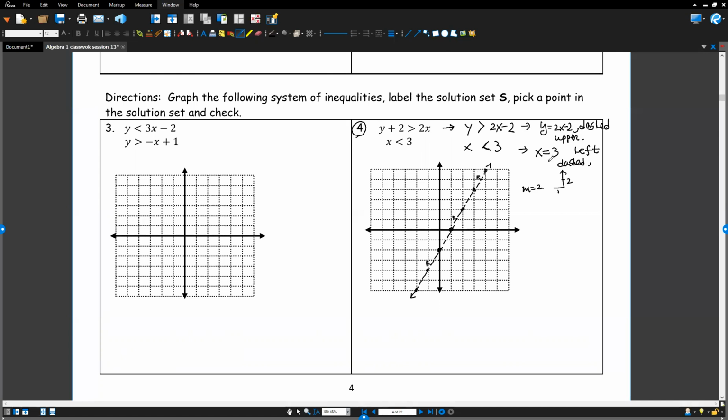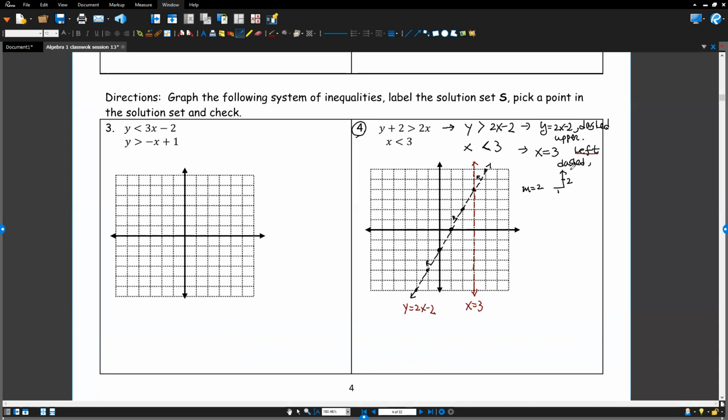Now, x equals 3 is a vertical line. I'm going to use a different color, but that is still a dashed line. X equals 3, this is dashed. This way is y equals 2x minus 2.